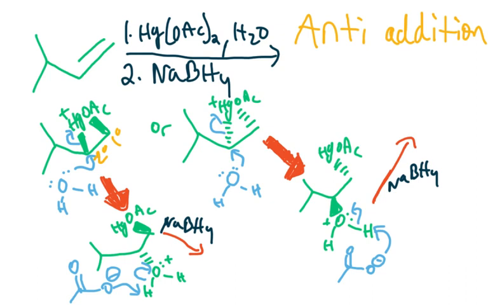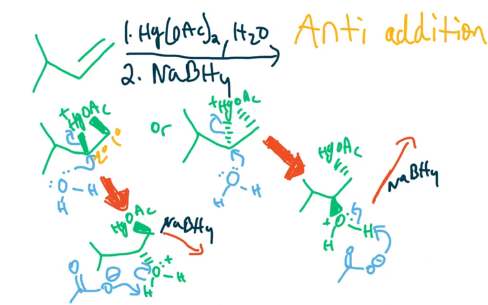First I draw this intermediate, and second I draw this possibility. Either this mercurinium ion can be faced towards us in 3D, towards us or up, because it's on a wedge. Or the other option is, when you form this intermediate, this mercurinium ion could be faced away from us.